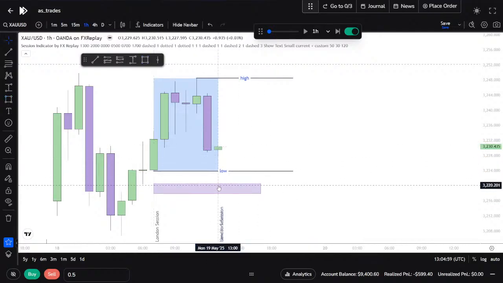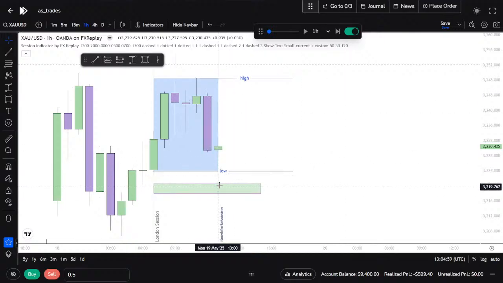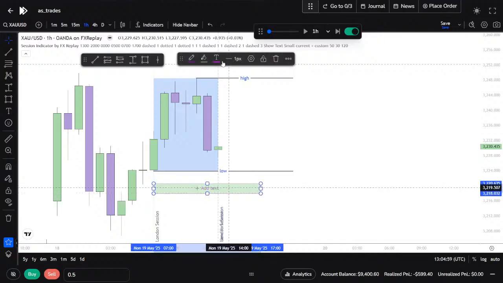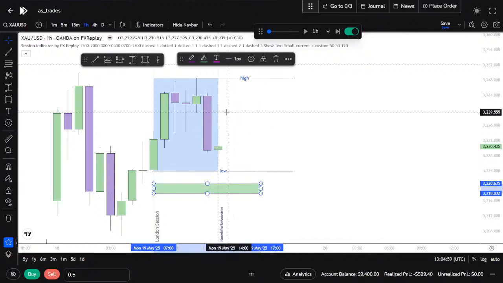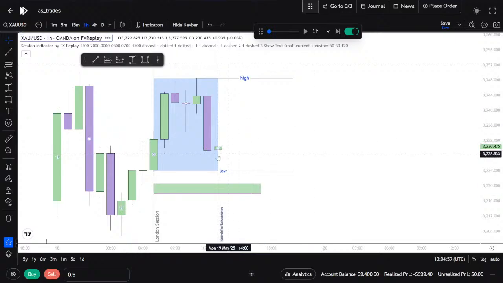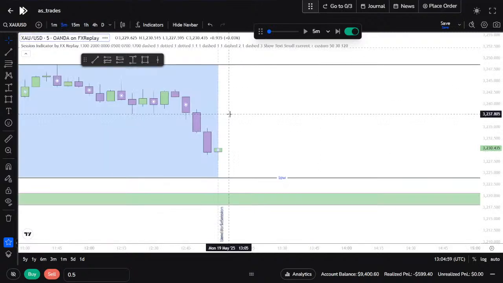Oh, I clicked the wrong thing. So price is potentially going to reverse here, tap into this, then potentially respect this and use it to aim for the highs. So now we're going to go 5 minute.